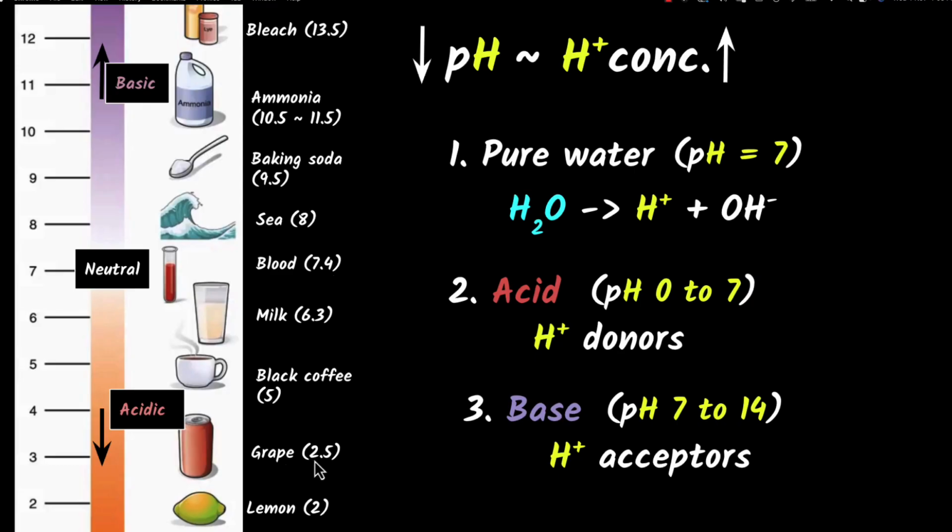Grapes are very acidic because they have a pH value of 2.5, very low. Bleach is very basic because its pH value is 13.5, very close to 14. And so this is how, using a pH scale, we can understand how acidic or how basic something is.